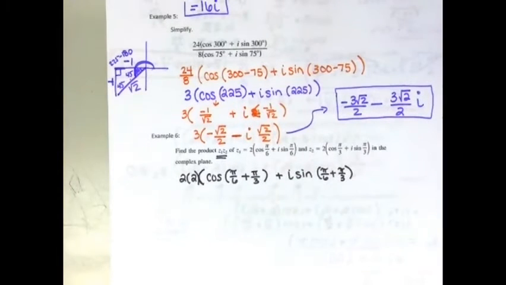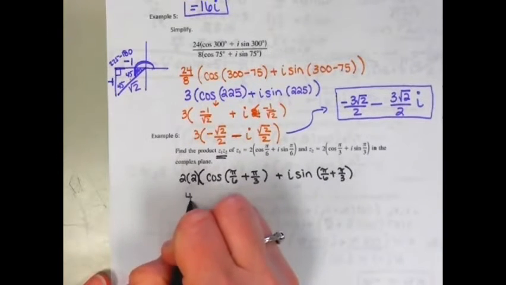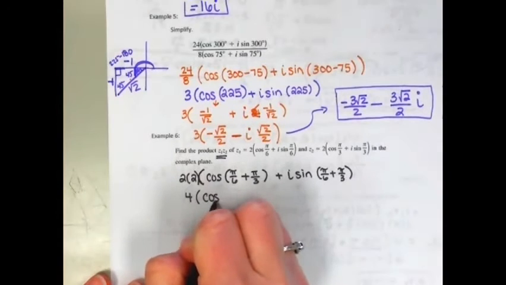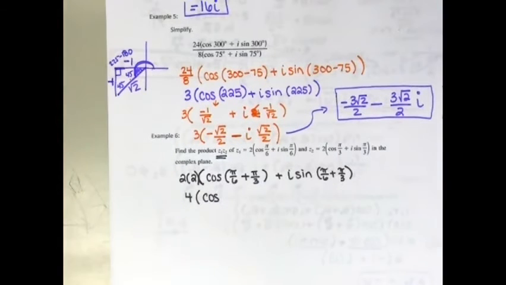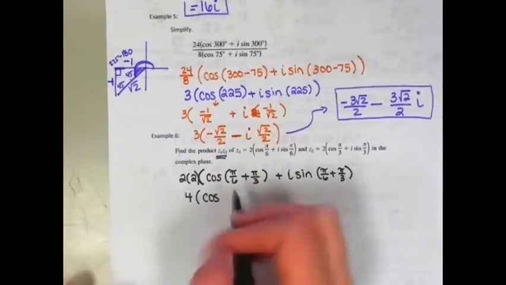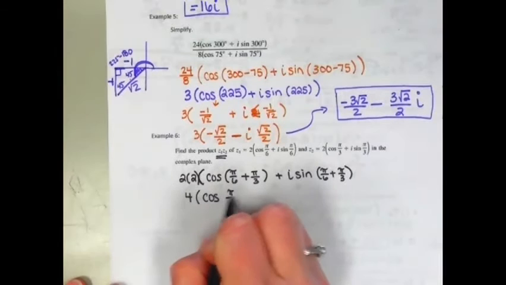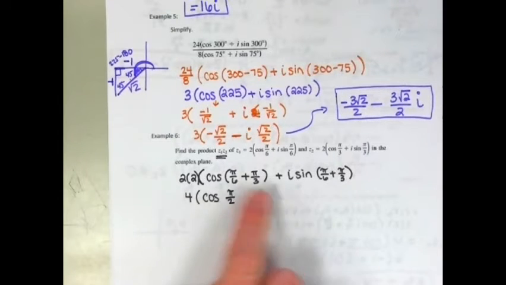Okay with that? So what's 2 times 2? 4 times the cosine. And what is pi over 6 plus pi over 3? Pi over 2, why? Pi over 6 is 30 degrees. Pi over 3 is 60, so 30 plus 60 is 90, right? Which is pi over 2.